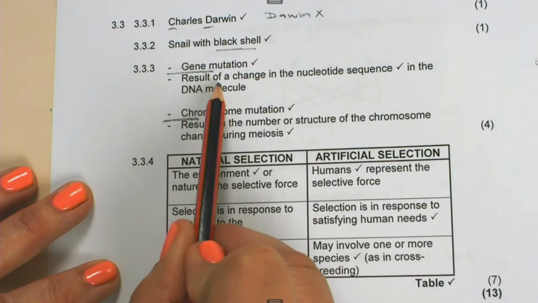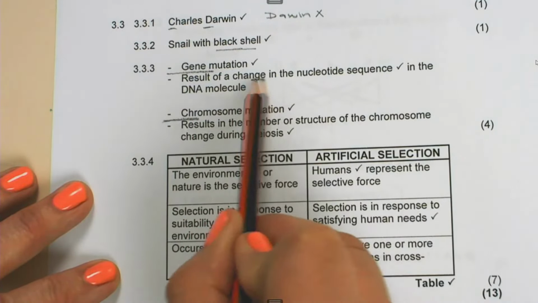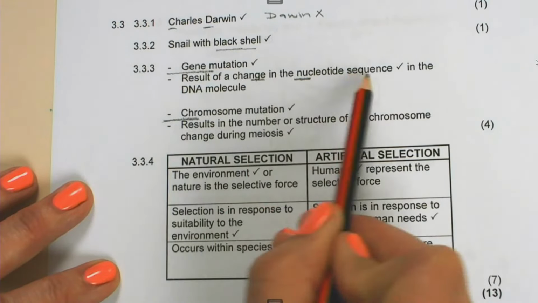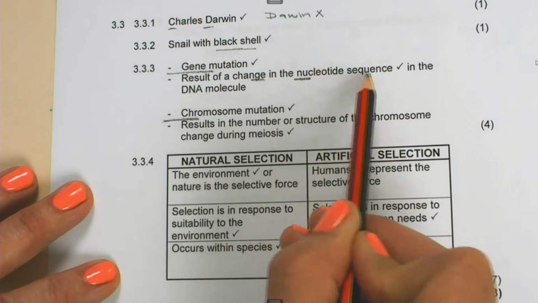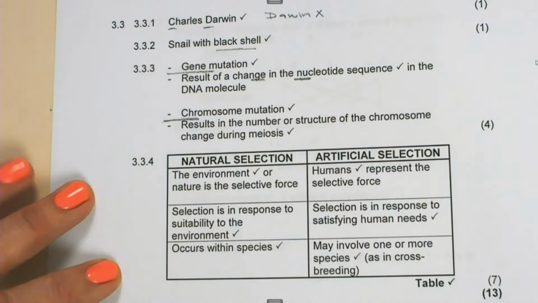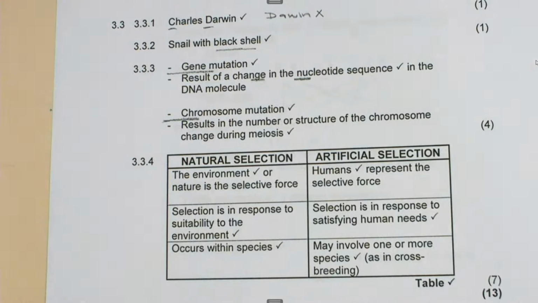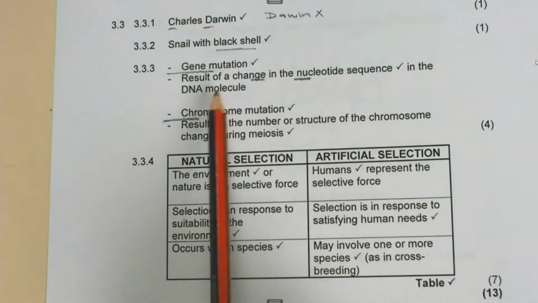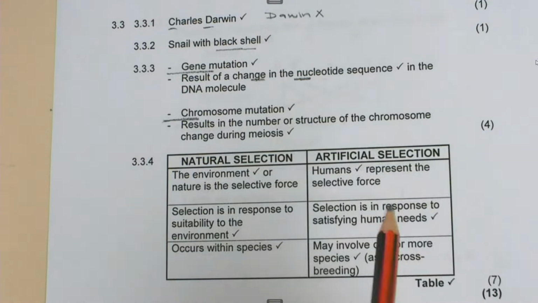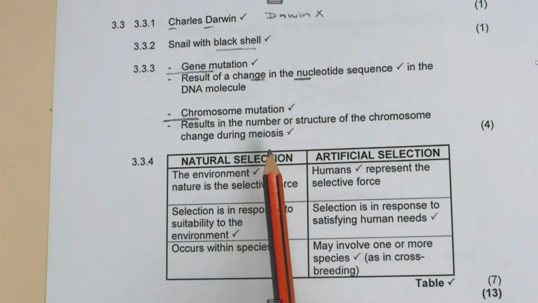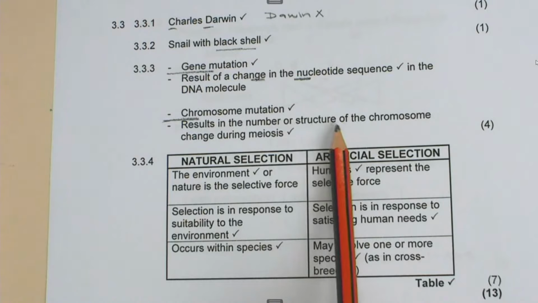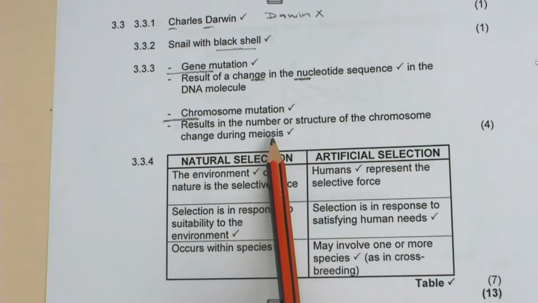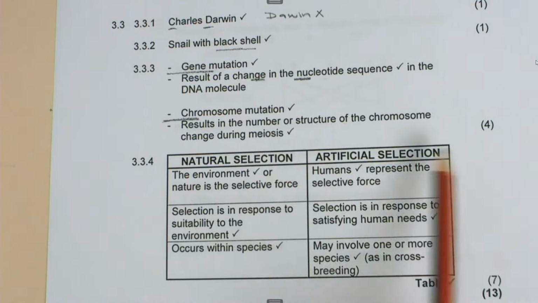Gene mutation is the change in the nucleotide sequence, or change in the nitrogen bases, of a DNA molecule. And chromosome mutation results in a change in the number or the structure of the chromosomes during meiosis. So that is the 4 marks we allocate there.